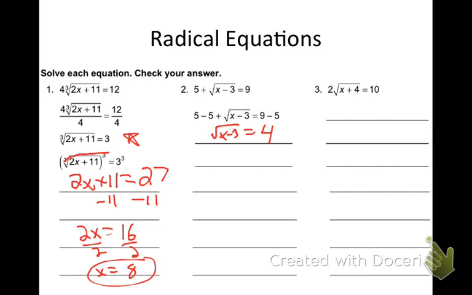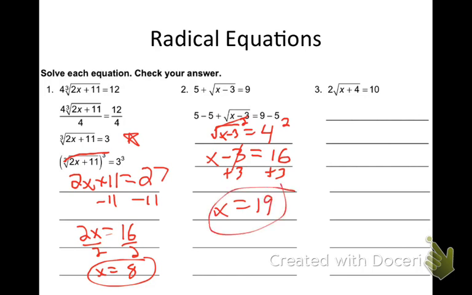What undoes a square root? I need to take a squared term to both sides now. So I square both sides, getting me x minus 3 equals 16. 4 squared is 16. Now I need to solve for x. I do what to both sides here, Kelly? So I add 3. And I get x equals 19.